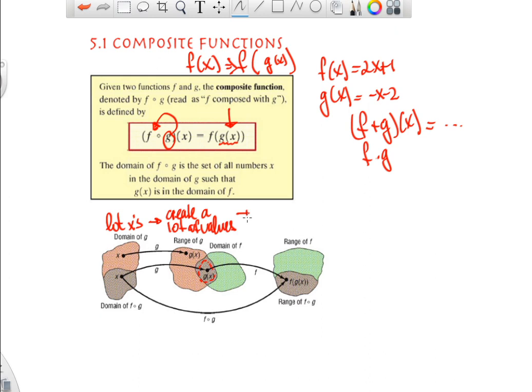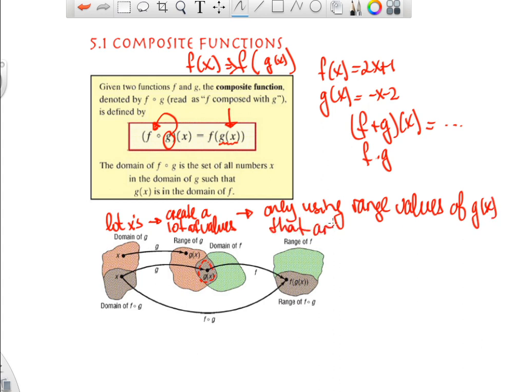So we're only using range values of g of x that are in the domain of f of x.